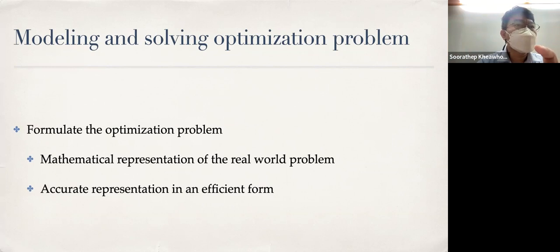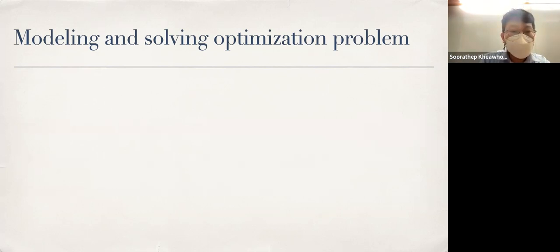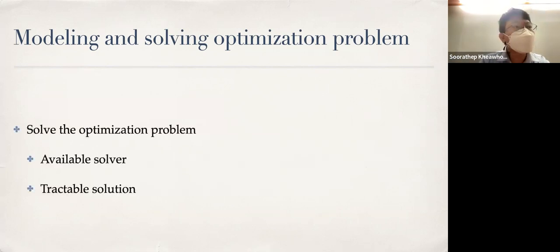Because we deal with optimization problems, we translate our real world problem into an optimization problem, where we involve minimizing an objective function, of course, and a set of constraints, also these decision variables. And once you formulate it, the next step is to solve it.